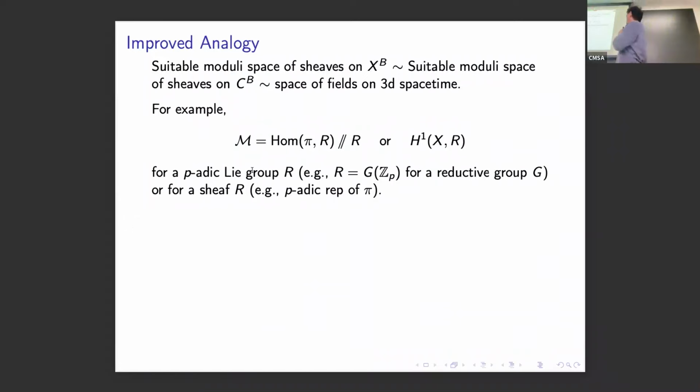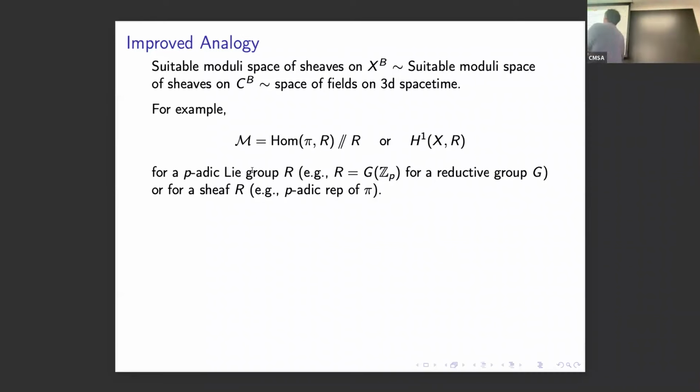I should say it might be a finite group, or the p-adic points of it. So these are the kind of moduli spaces.